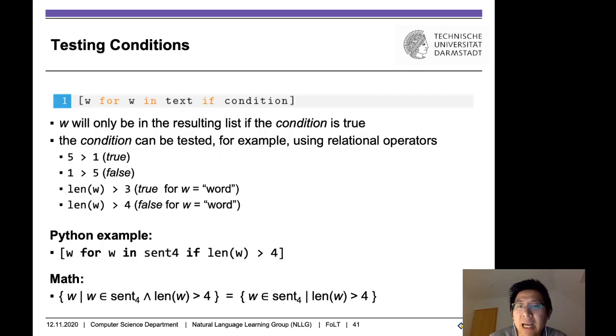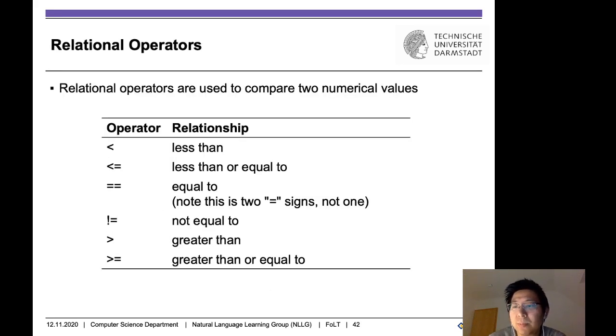And if you have some condition logic in mind, you can also add it into the nested function in the same line. To complete the condition logic, you have to choose one of these relational operators to compare the relation between 2 numerical values.